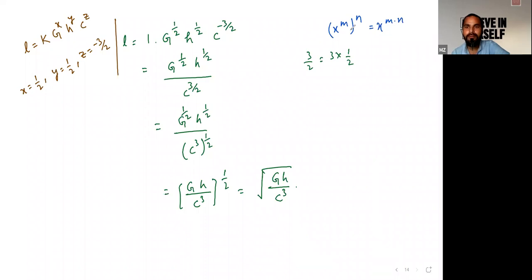Okay, Abdullah? That's why I have written this part like this. Now I have taken common out from all these segments as plus half, and we know the exponent half is nothing but square root. So your final answer for calculating length would be this.